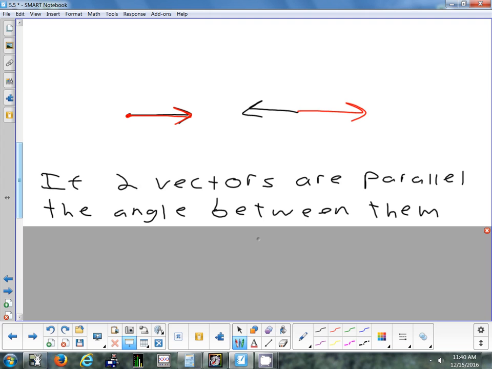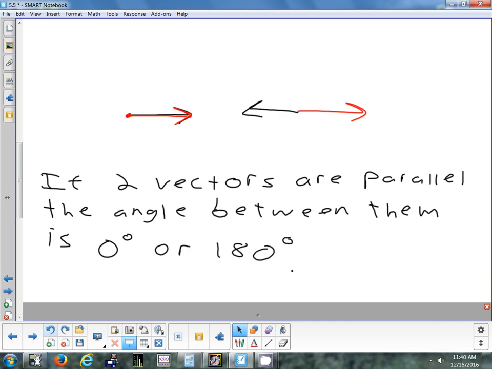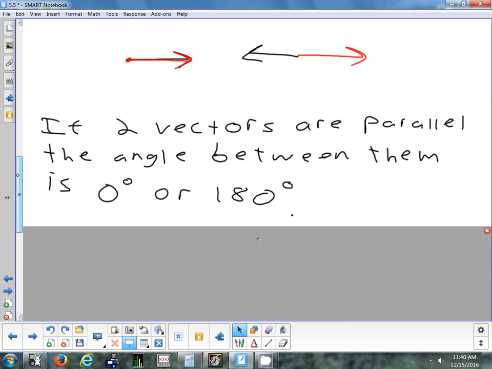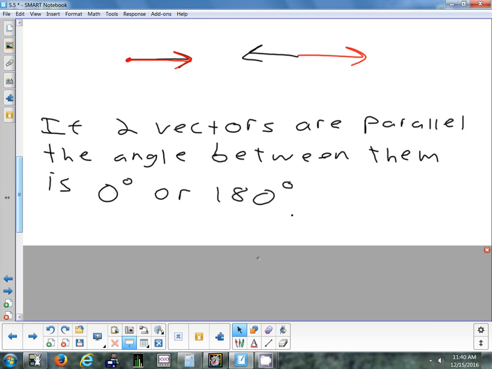Those vectors are also parallel. If you wanted, you could just move it up there. Now you can see it's parallel. What angle is it between the red and the black one on the other side? It's 180. So if you get an angle of 0 or 180, then you have parallel vectors.